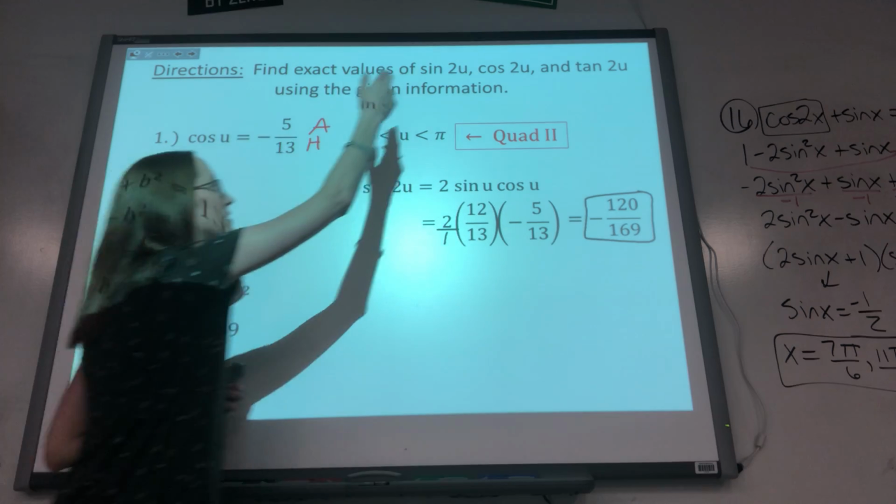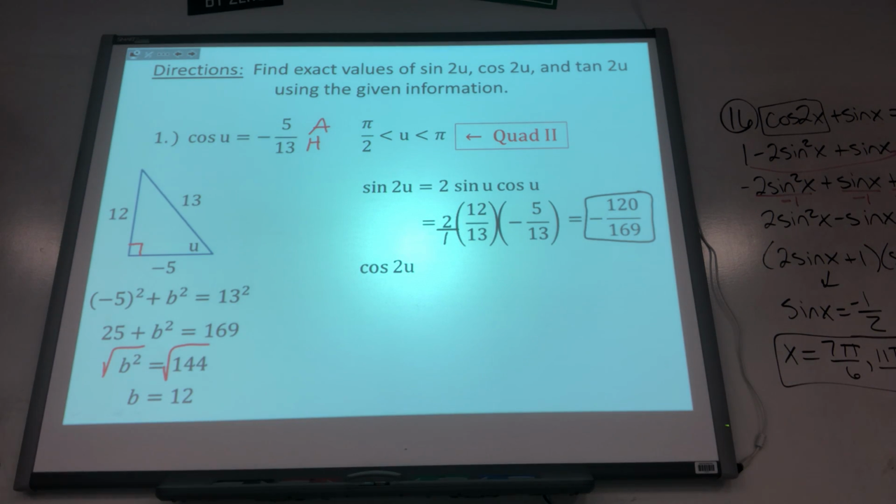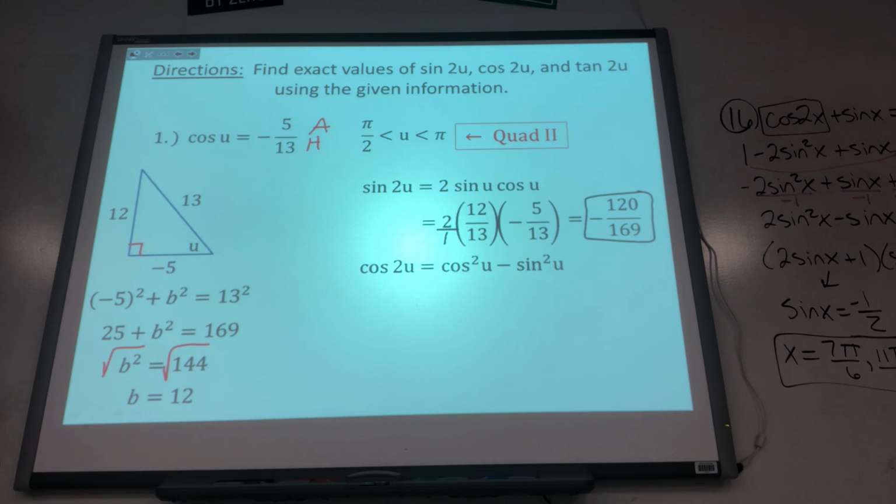Now we also need to find cosine of 2u, so that's the next part. And feel free to use any one of our formulas. I'm just going to go with the first one unless something tells me otherwise.